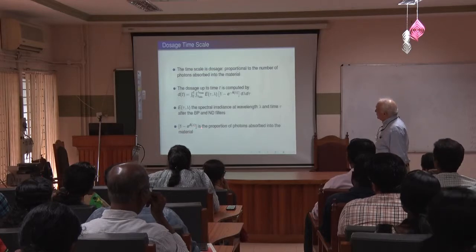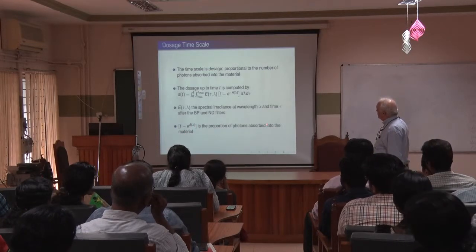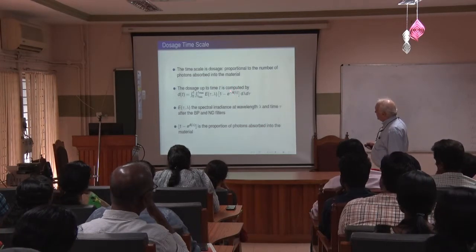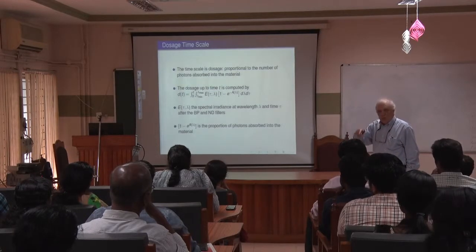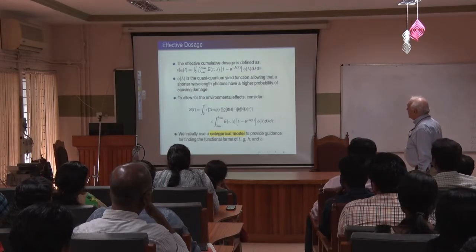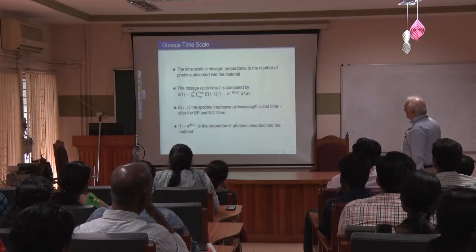Well, in a sense, that's what it is. It gives the proportion of photons that will be absorbed into the material, and that depends on the wavelength. Again, the higher energy ones have a lot of energy. They're more likely to get inside of the material. Okay, so this is dosage up to time t.